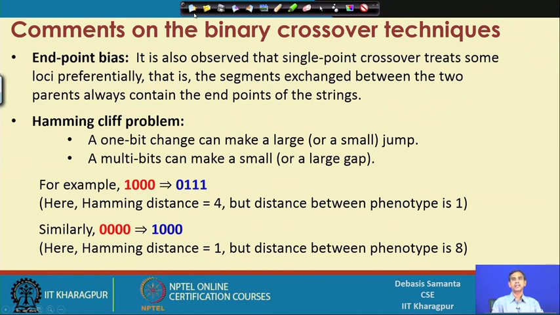If one solution is far from the latest solution that we have explored, then it may be good, sometimes it may not be good. So, the Hamming cliff problem is one problem that needs to be considered, how much deviation we want to have in our solution. These are the points that we have to consider as far as the crossover operation is concerned.